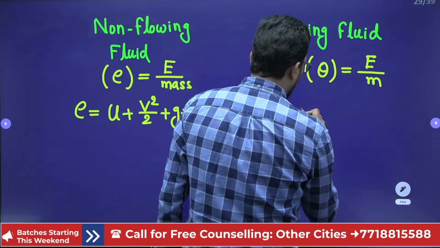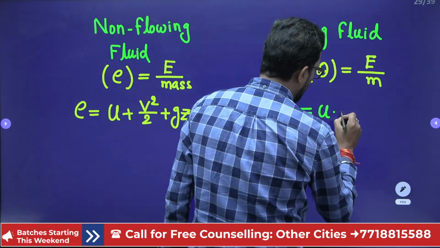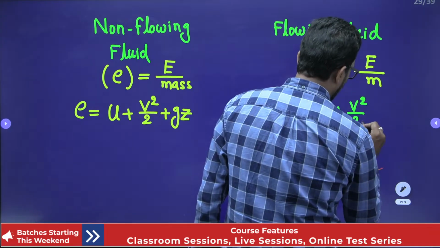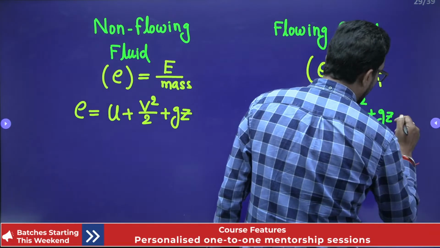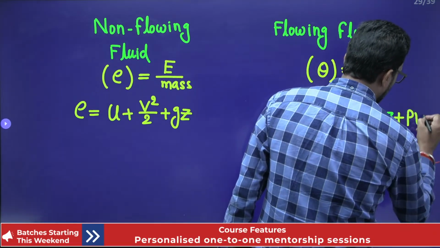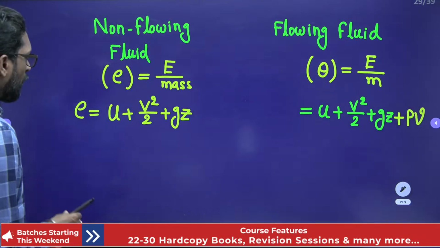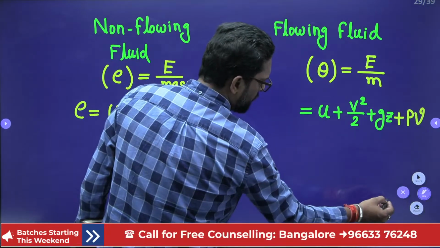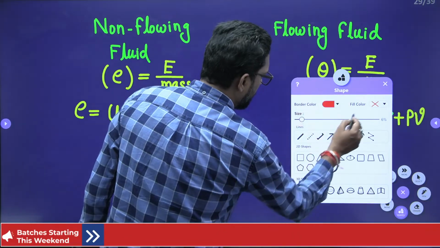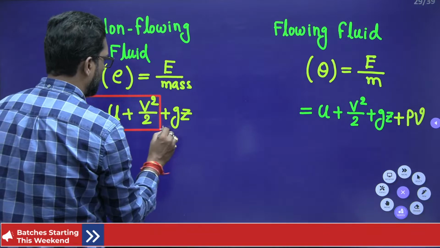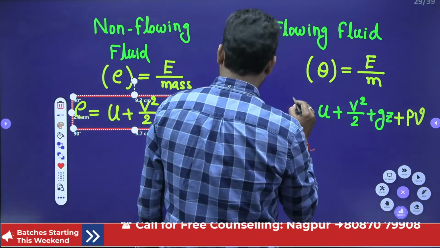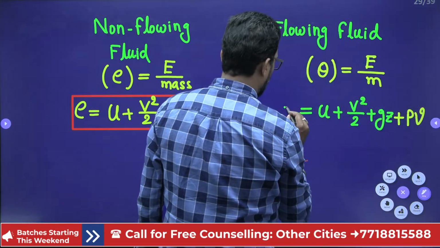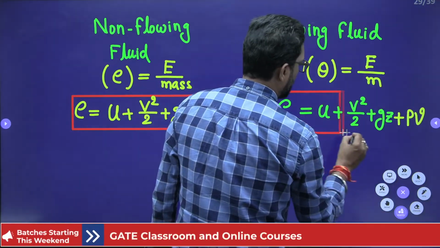And for a flowing fluid, it is in the form of internal energy plus kinetic energy V square by 2 plus potential energy, and there is one another form of energy, flow energy, P into V. Okay, so this is one equation, and this is your E, this is your another equation, okay?